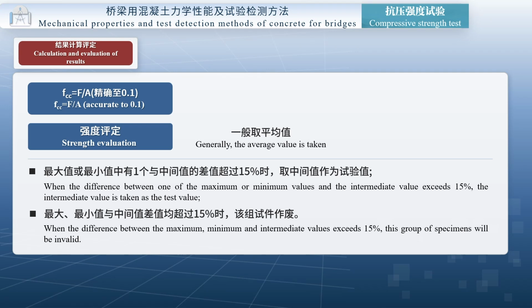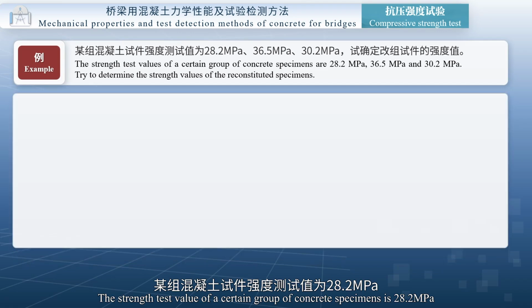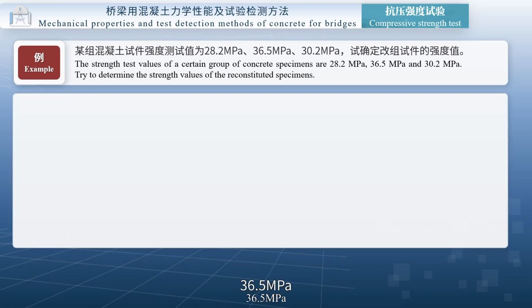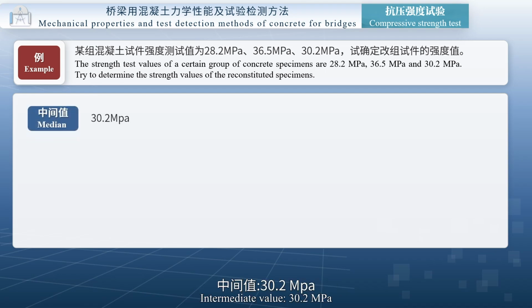Example: the strength test values of a certain group of concrete specimens are 28.2 megapascals, 36.5 megapascals, 30.2 megapascals. Determine the strength value of this specimen group. Intermediate value 30.2 megapascals.